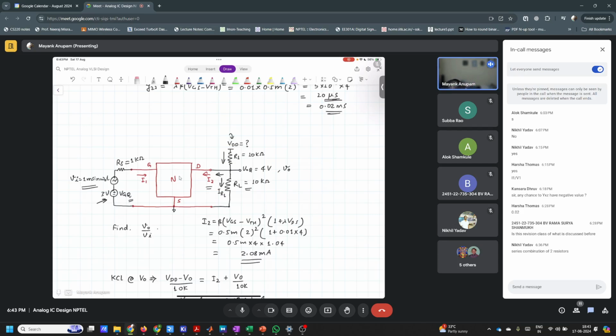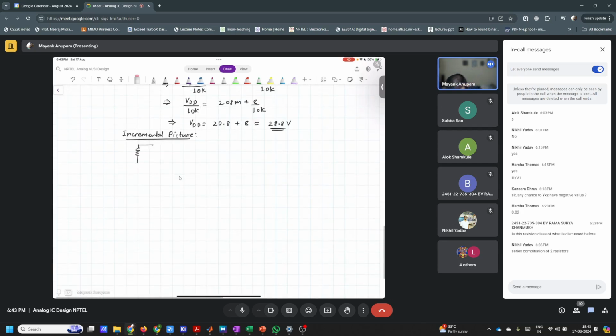But VGQ is a fixed voltage, and VDD is a fixed voltage. So if we have a change somewhere else, that is not going to affect the voltage here. These are fixed, independent voltage sources. So no change means shorted.